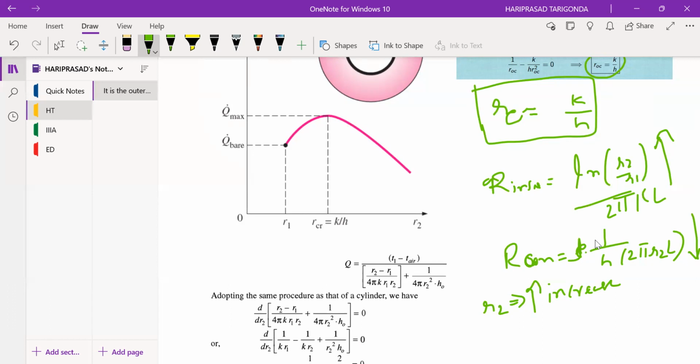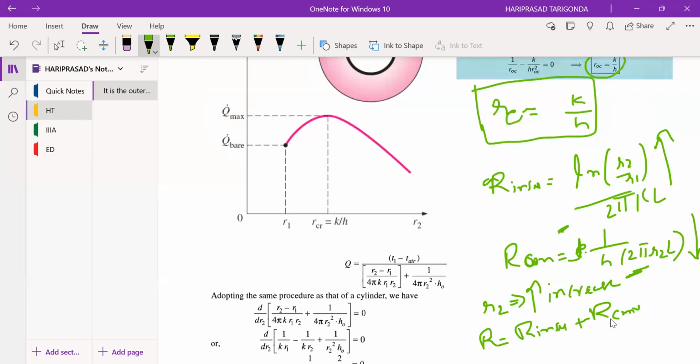So when heat transfer is increasing, it means the resistance will be decreasing. So initially R convection decreases faster than R insulation, resulting in a decrease in the total resistance. Total resistance formula will be R is equal to R insulation plus R convection.